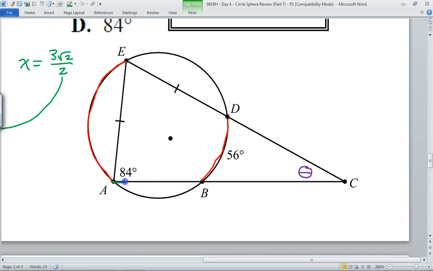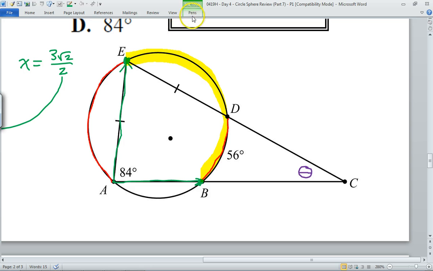If I draw out the arms of the 84, do you see how it reaches to here and here? So it doesn't just give me AED, it gives me all of this. I'm going to highlight it. So the 84 is going to give me this arc that goes all the way like this.